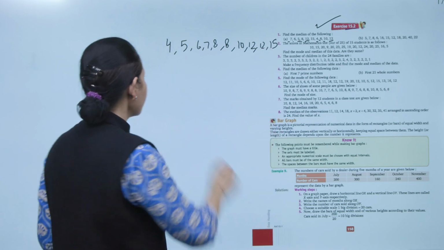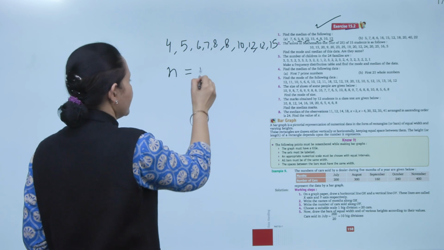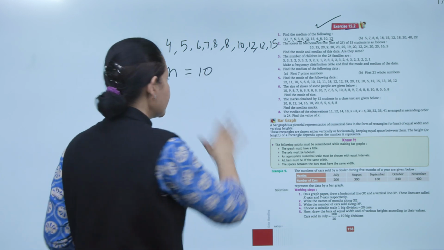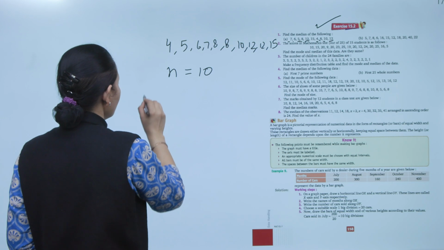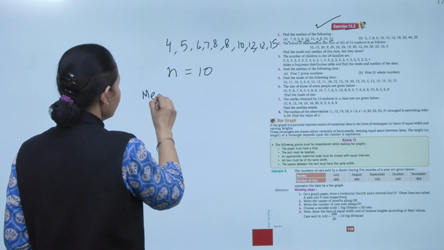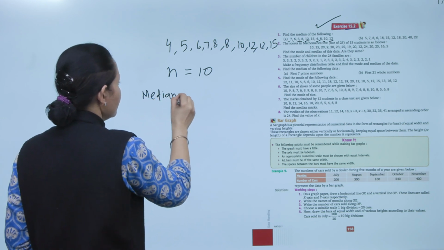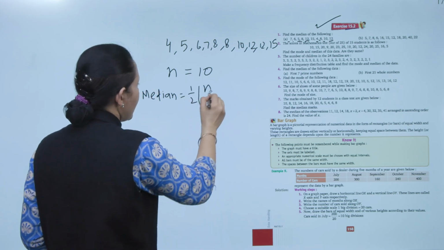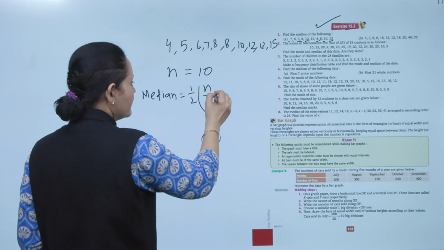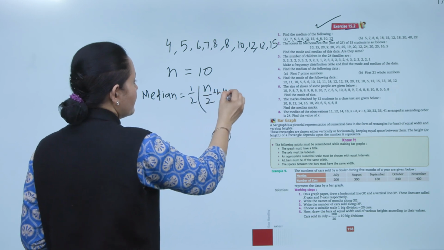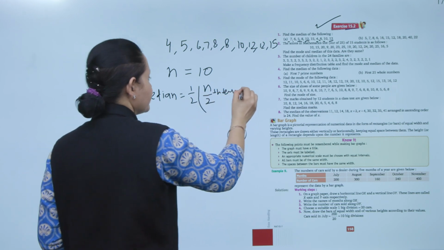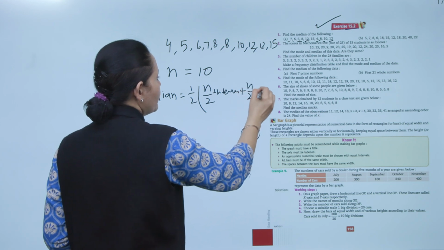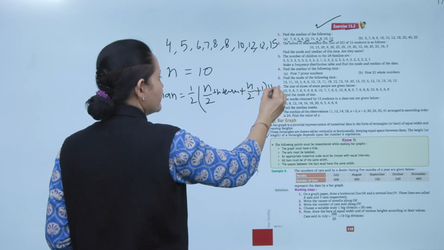Now the total number of observations n is 10. So it's an even number. So median equals 1 by 2 times the n by 2 term plus the n upon 2 plus 1 term.